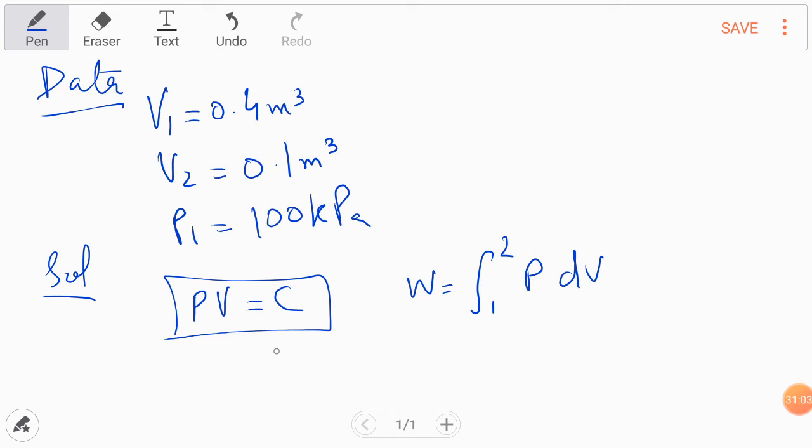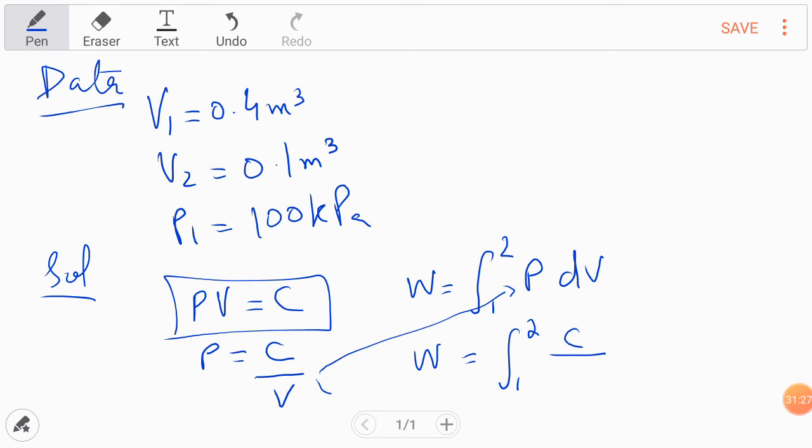So we make this equation like this: P is equal to C upon V. Now putting these into here, from state 1 to 2, we have integral of C over V dV.